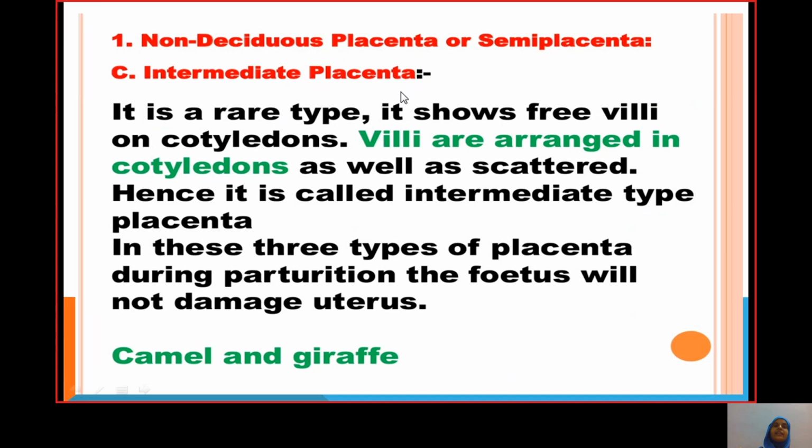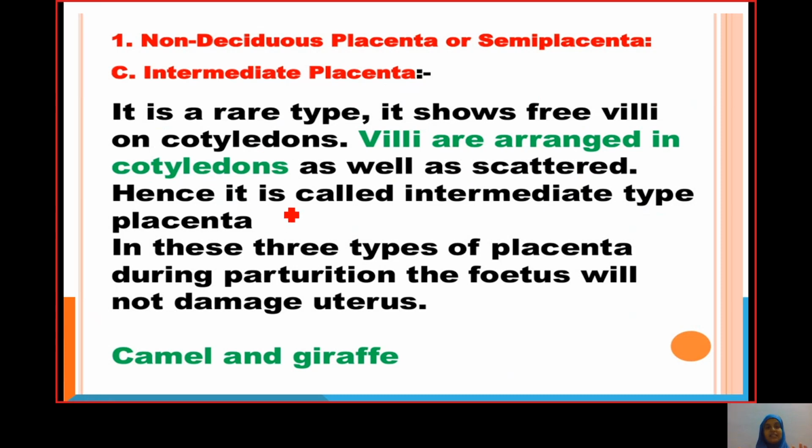Next, the intermediate placenta contains both types of characteristics: cotyledonary placenta characteristics and diffused placenta characteristics are present in this. How? Imagine. It is a rare type. It shows free villi on cotyledons. Villi are arranged in cotyledons as well as scattered.